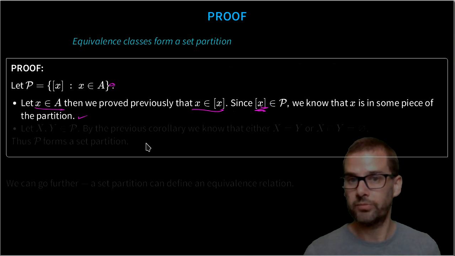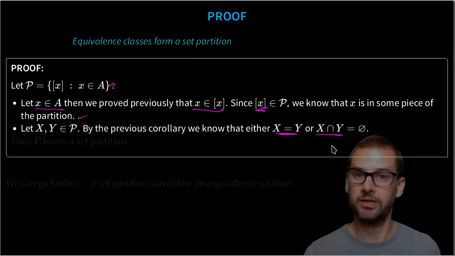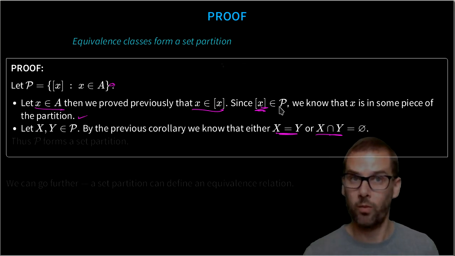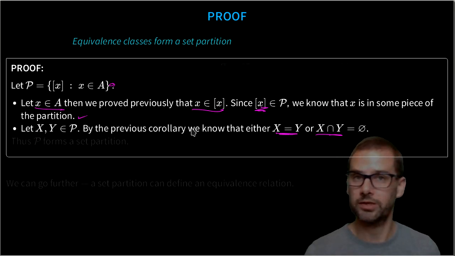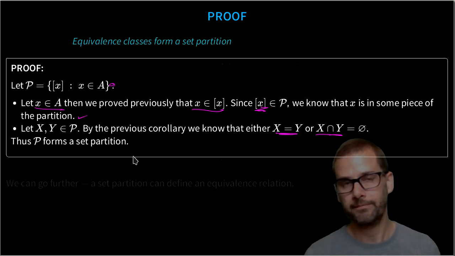Now, we can pull out two pieces of our partition. Then by the previous result, those pieces have to be the same, or they have to be disjoint, because all those pieces are equivalence classes. And so these two conditions, everything is in some piece, and the pieces are the same or disjoint, are exactly what we need to form a set partition.